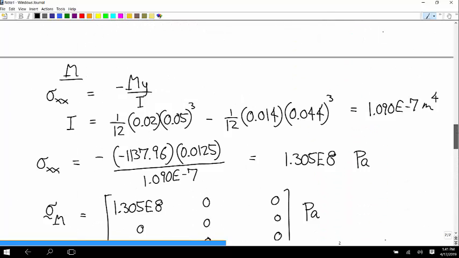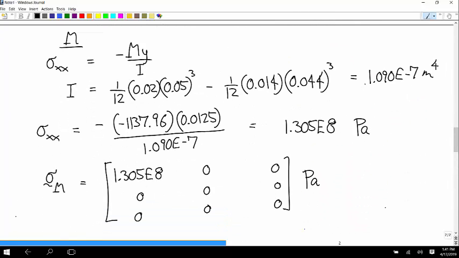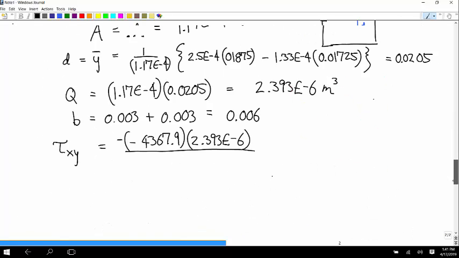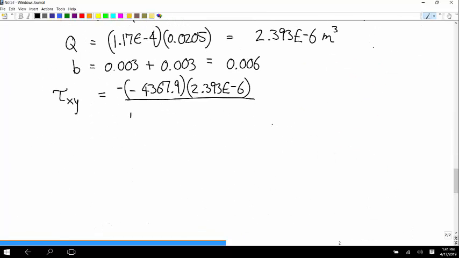I we calculated above, 1.090 times 10 to the minus 7. And then B is 0.006. And you get 1.599 times 10 to the 7th.